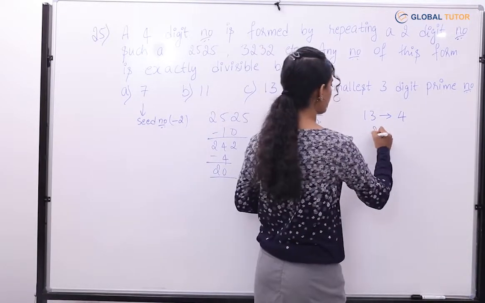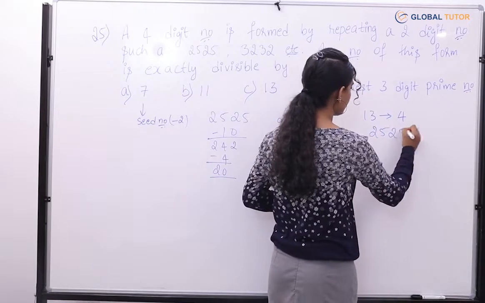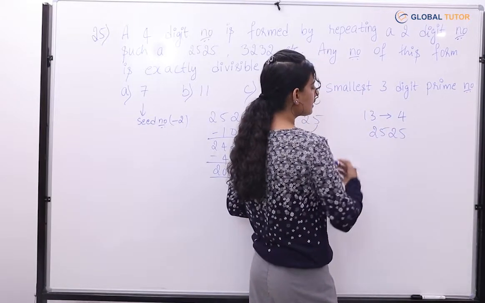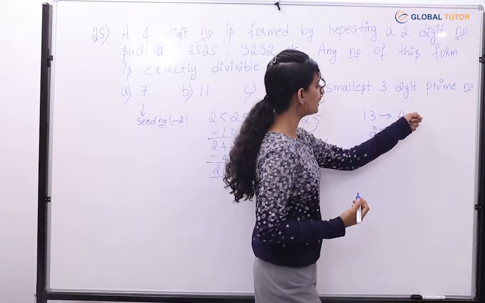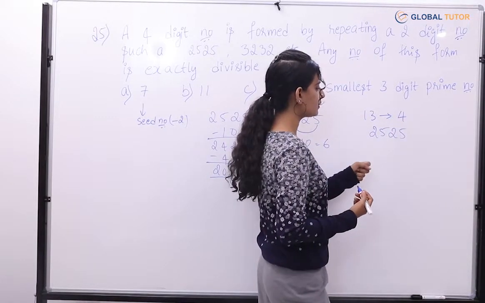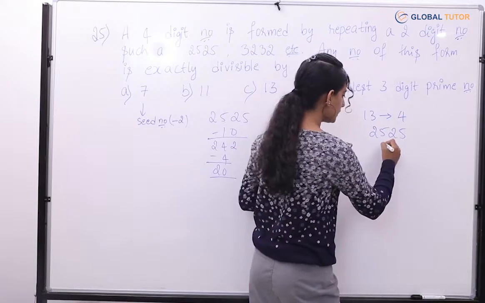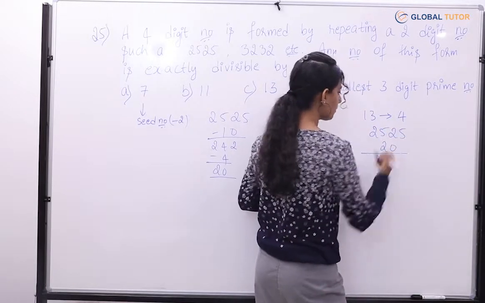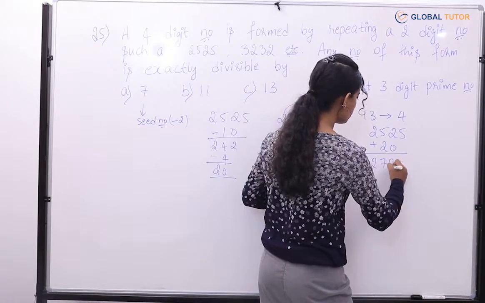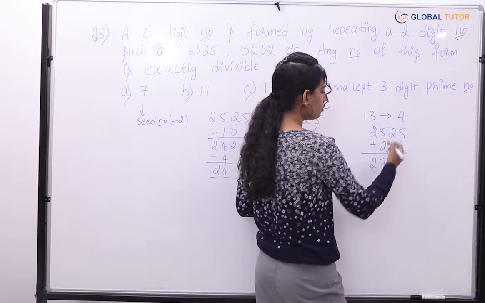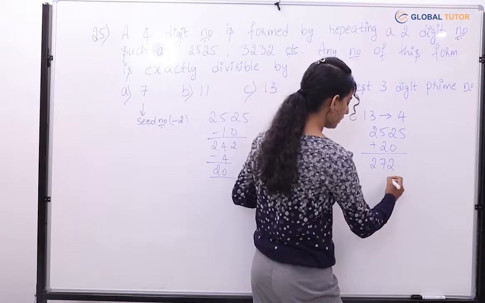Now, take 25 and then try to see if this number is divisible by 13. So, what you do, you multiply seed number with the last digit, which is 5. 5 4s are 20. So, now since it's a positive number, we will add this. So, this becomes 272. Now, 2 into 4 is 8.